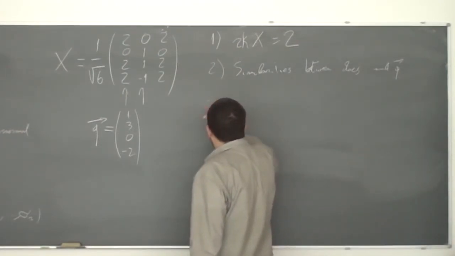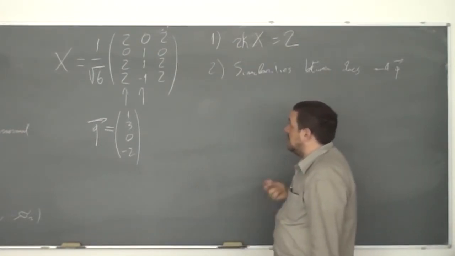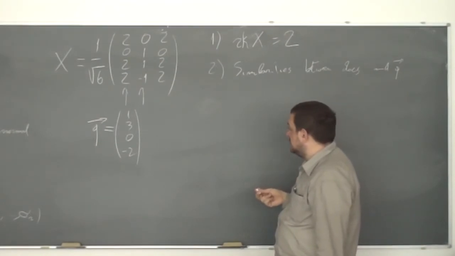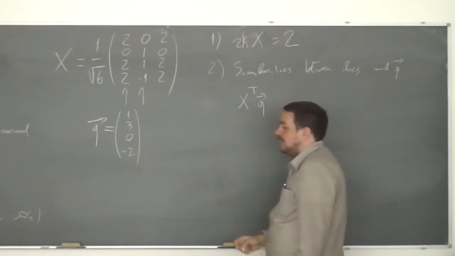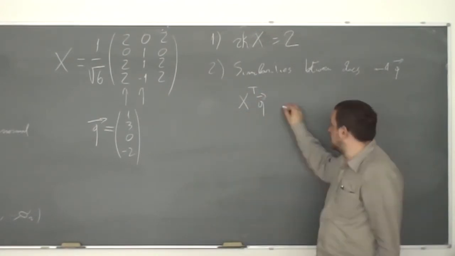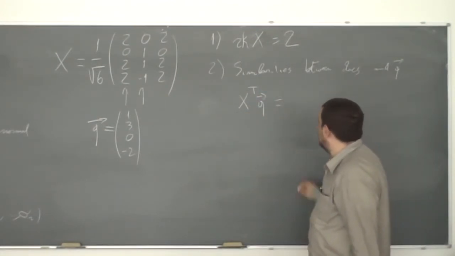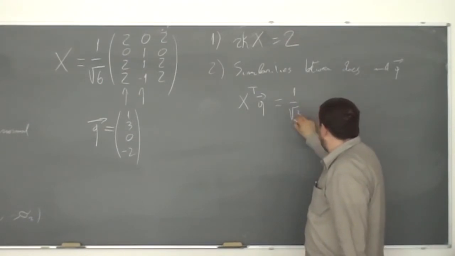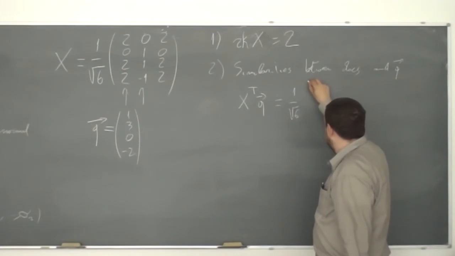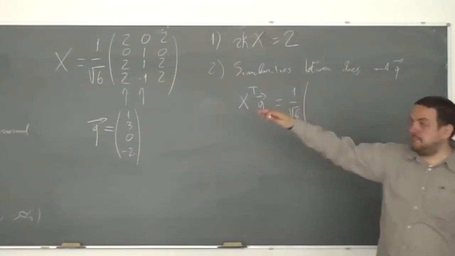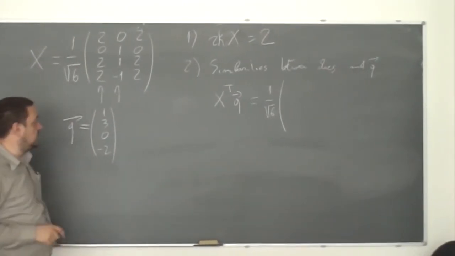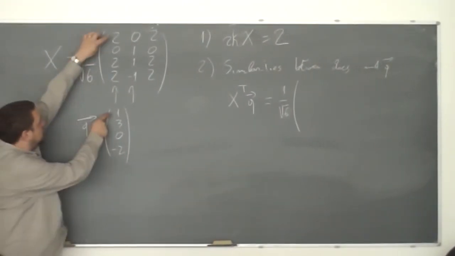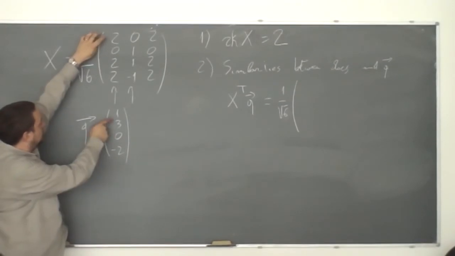Simply, similarities are the dot products between the columns of X and Q. So we can write them as X transpose Q, keeping 1 divided by square root of 6 collected outside. So we just need to compute this dot product.